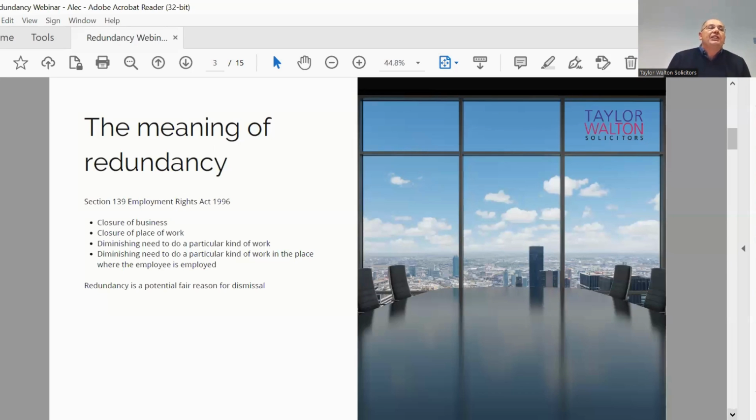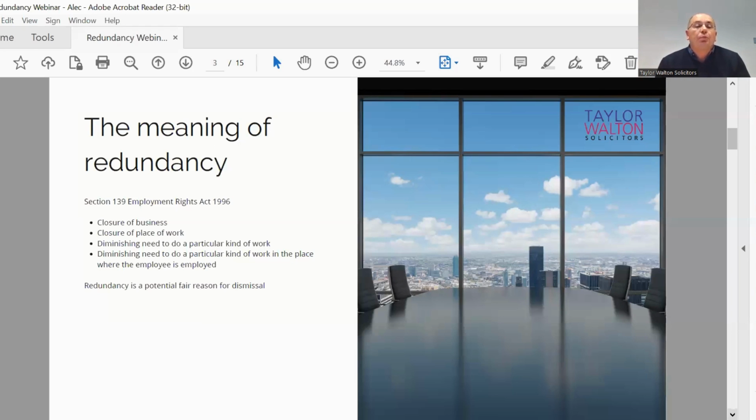And continuing with that analogy of your 10 widget makers, if only 5 are required in a particular workplace, in our example the Bristol workplace, then that would again amount to a diminishing need for a particular kind of work, i.e. widget making, and therefore there's only a requirement for a certain number.